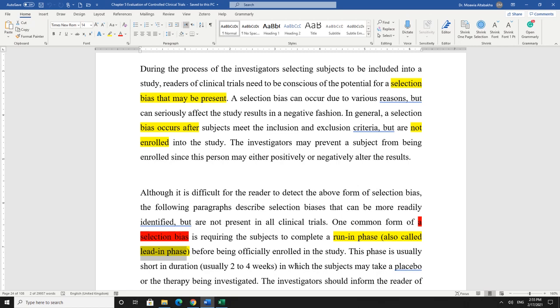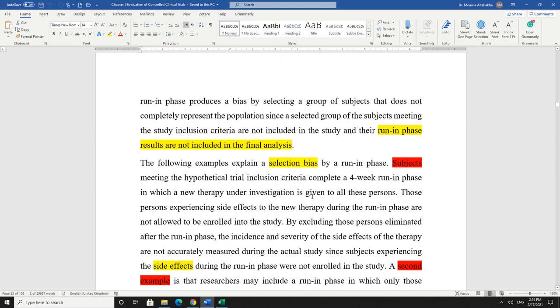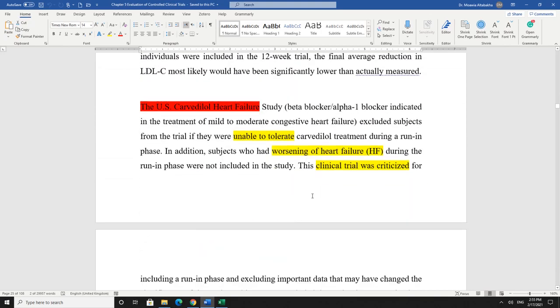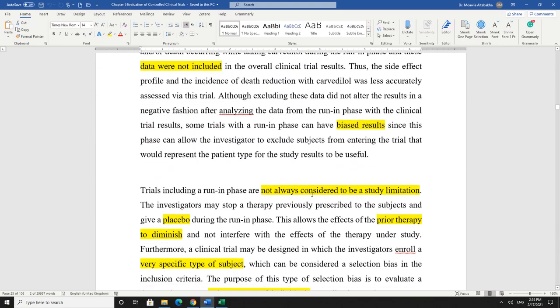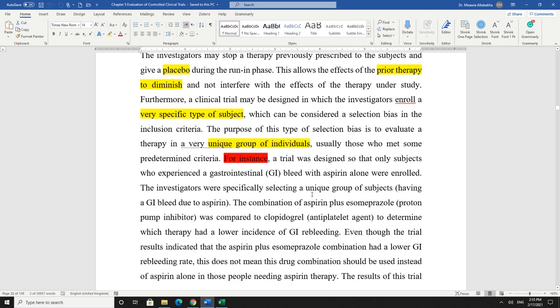Another example of a lead-in phase where there is no selection bias: let's say you have aspirin. Now aspirin is prescribed for some patients, and because it's a blood thinner, it will prevent blood clotting.